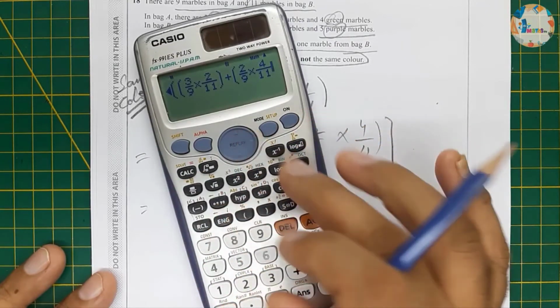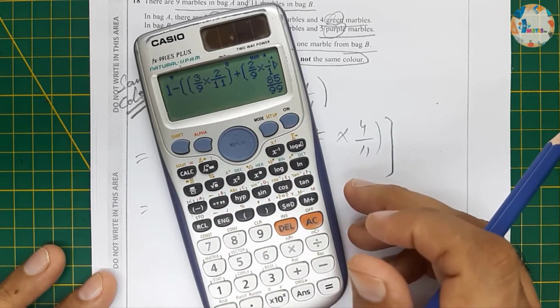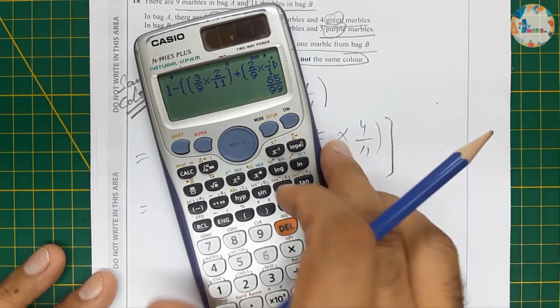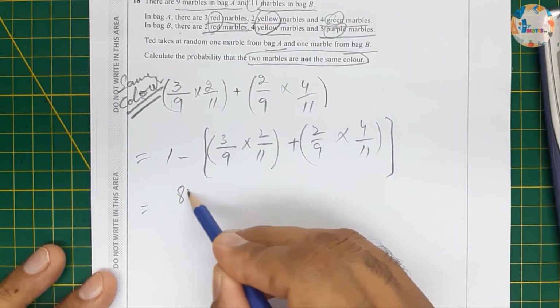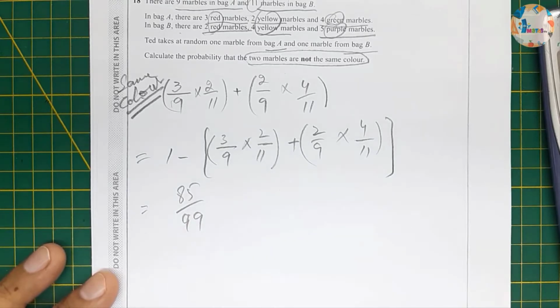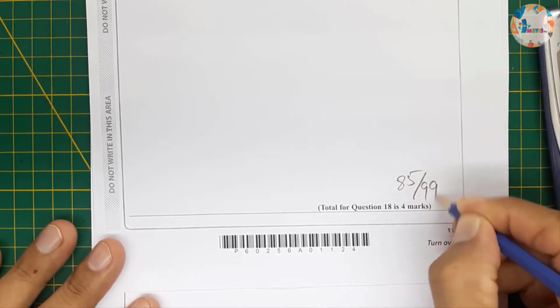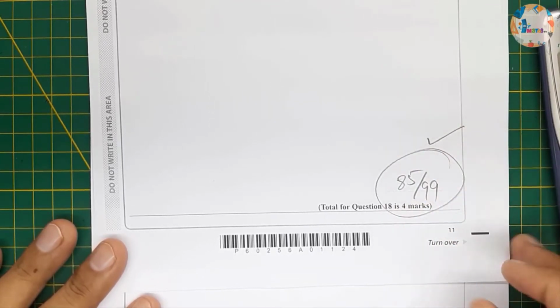The bracket will be closed and the second bracket will be closed, and it will be 85 over 99. This will be our final answer, 85 over 99. Hopefully you understood this.